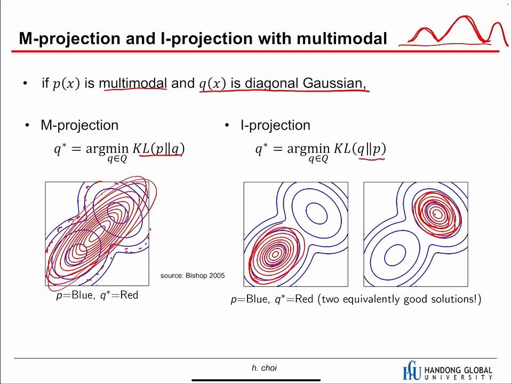Look at this one. Q is generating the samples from this distribution, and when we focus on these samples, Q and P might have the same kind of opinion about the samples. And in this case, if we generate the samples with this Gaussian distribution, then Q and P might have the same kind of opinion about the samples. So you have to understand the difference between this one and this one.